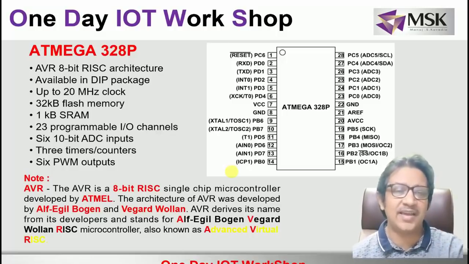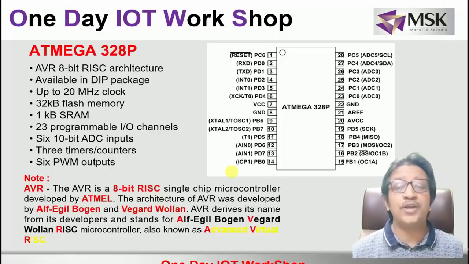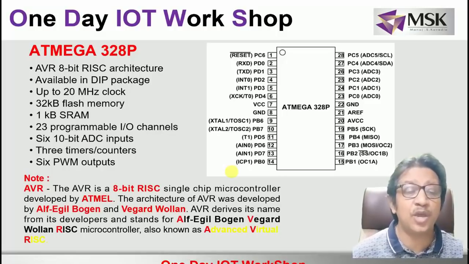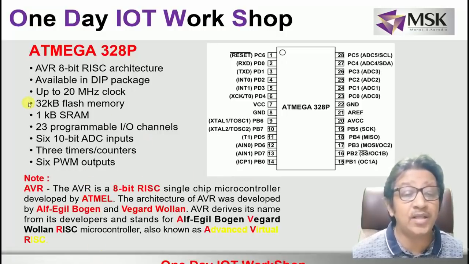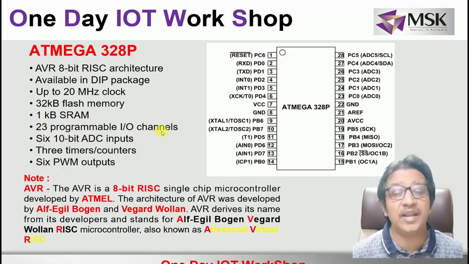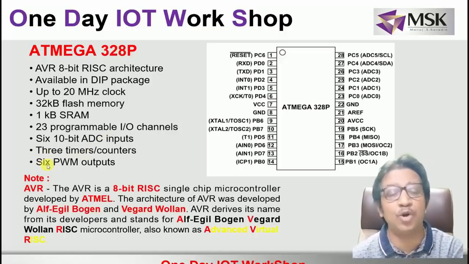Again, this RISC and CISC may be a question for you. It's a DIP, dual inline package, with a 20 megahertz clock, 32 KB flash memory, and 1 KB of SRAM, 23 programmable IO channels, 6 10-bit ADC, that is analog to digital converters. Internally there are 3 timers and 6 PWM, pulse width modulation.